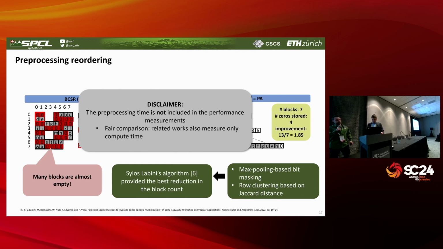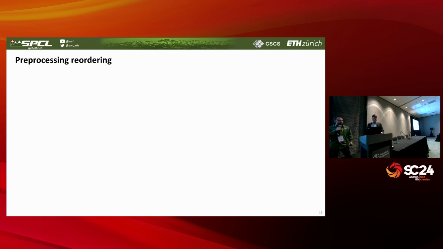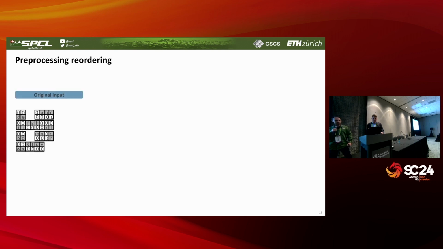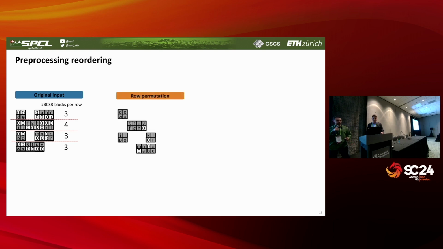Okay, so here what we will now be benchmarking is we start with the original input matrix and we count how many BCSR blocks we have per row. So here we have 3, 4, 3, 3 blocks in each row. Now we will perform our row reordering and count how many BCSR blocks we have: 1, 2, 2, 2.